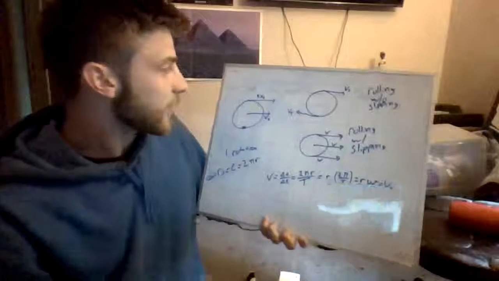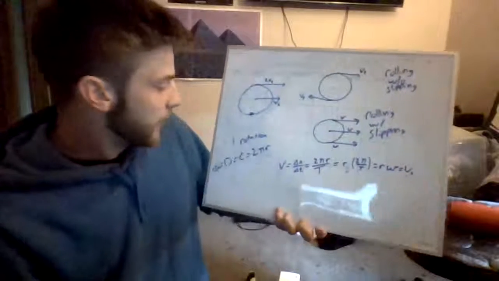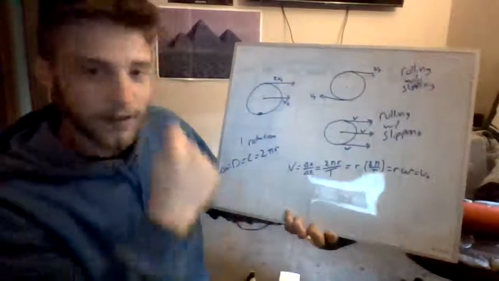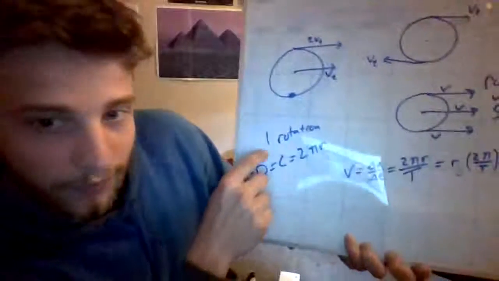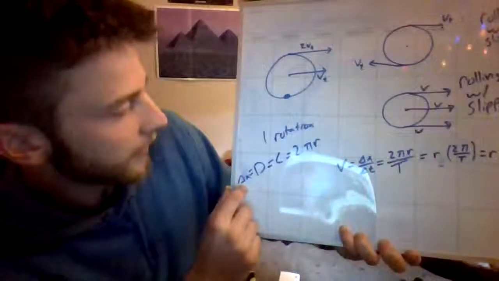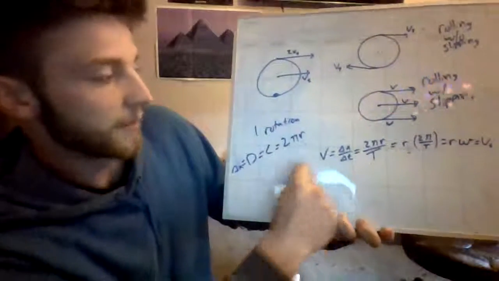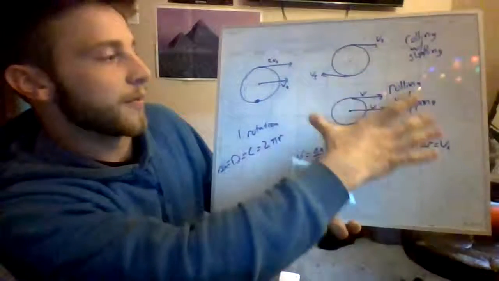So when something is doing both, you have the rotation and it's actually moving. When something does one rotation, you travel the circumference, right? So if it rotates once, the real length would be the circumference.